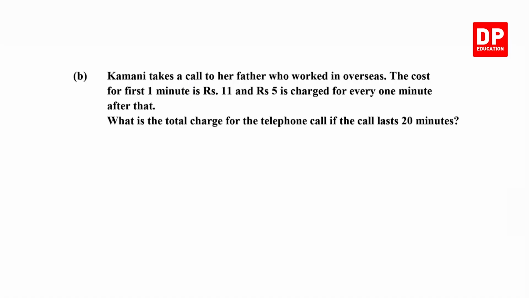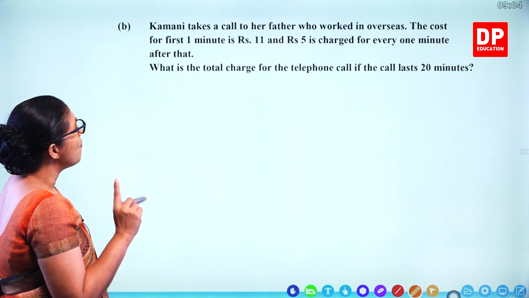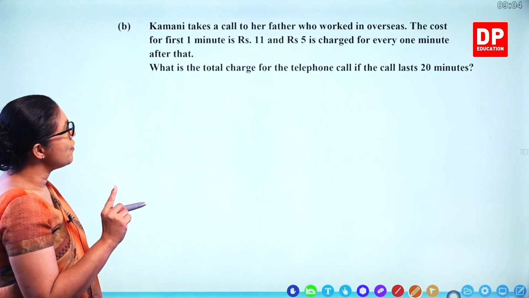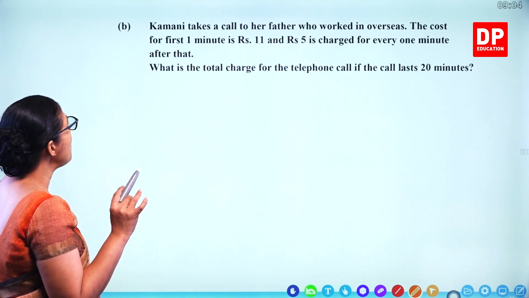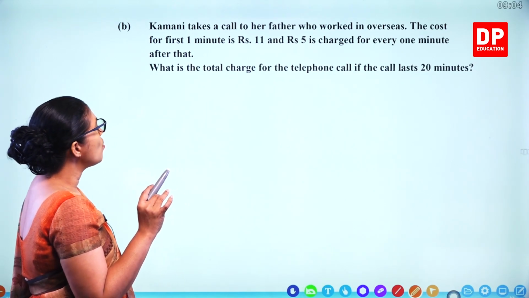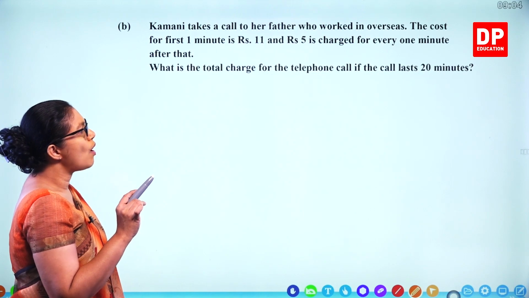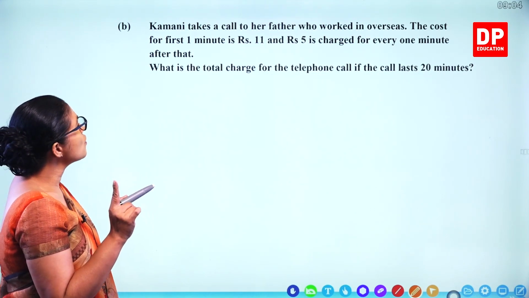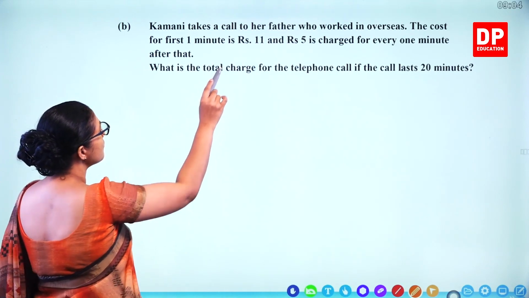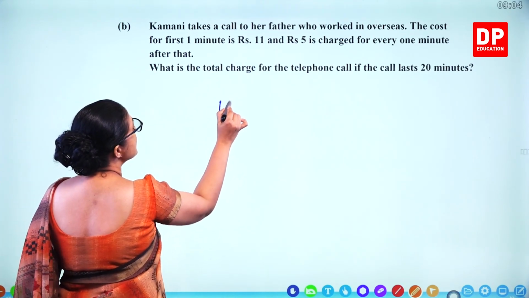Part B. Kamini makes a call to her father who works overseas. The cost for the first 1 minute is 11 rupees and 5 rupees is charged for every 1 minute after that. What is the total charge for the telephone call if the call lasts 20 minutes? So the first 1 minute, 11 rupees.